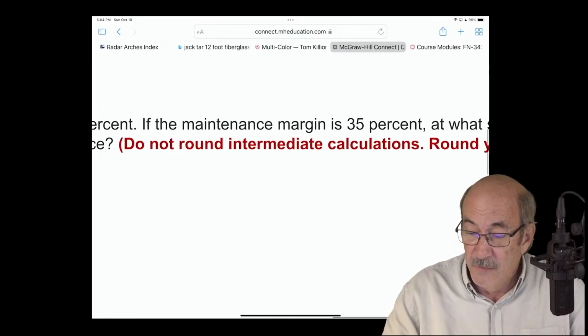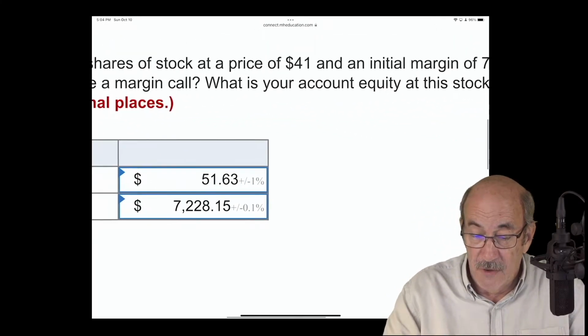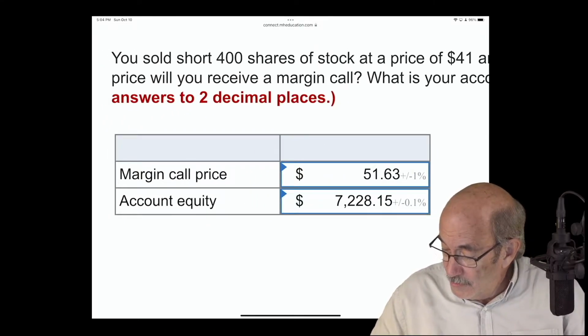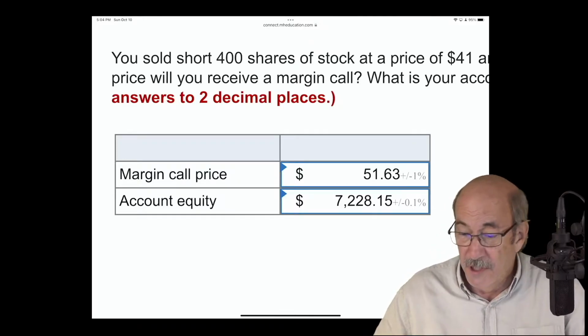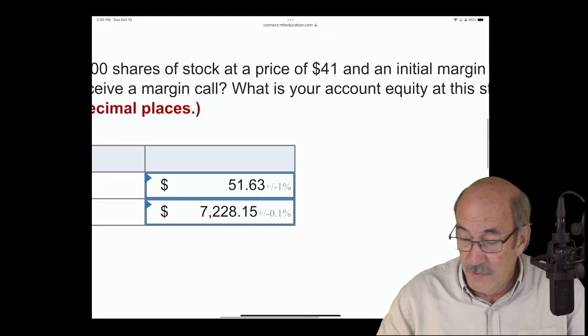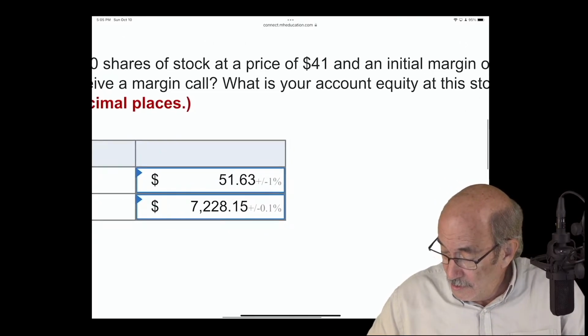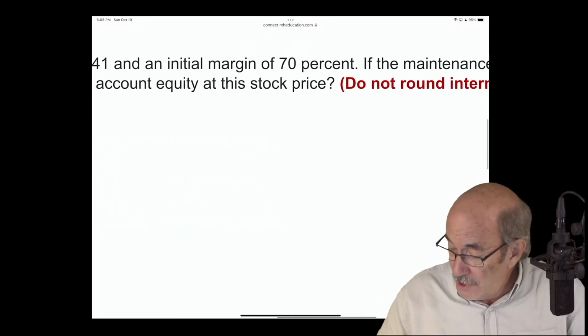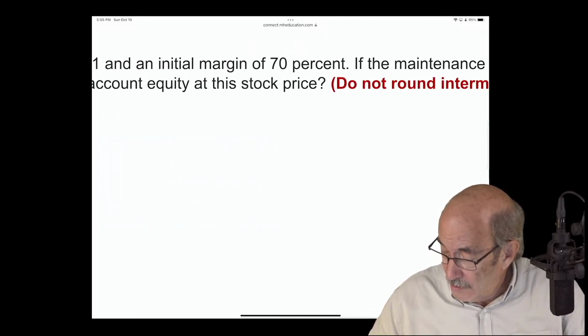If the maintenance margin is 35%, at what price will you receive a margin call? And then what is your account equity at that price?